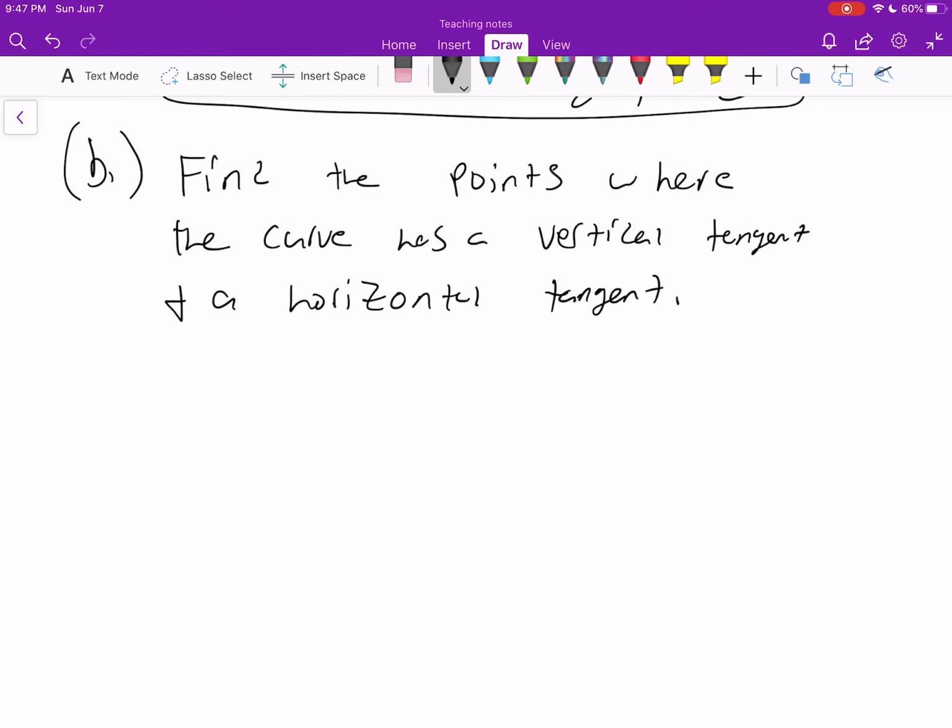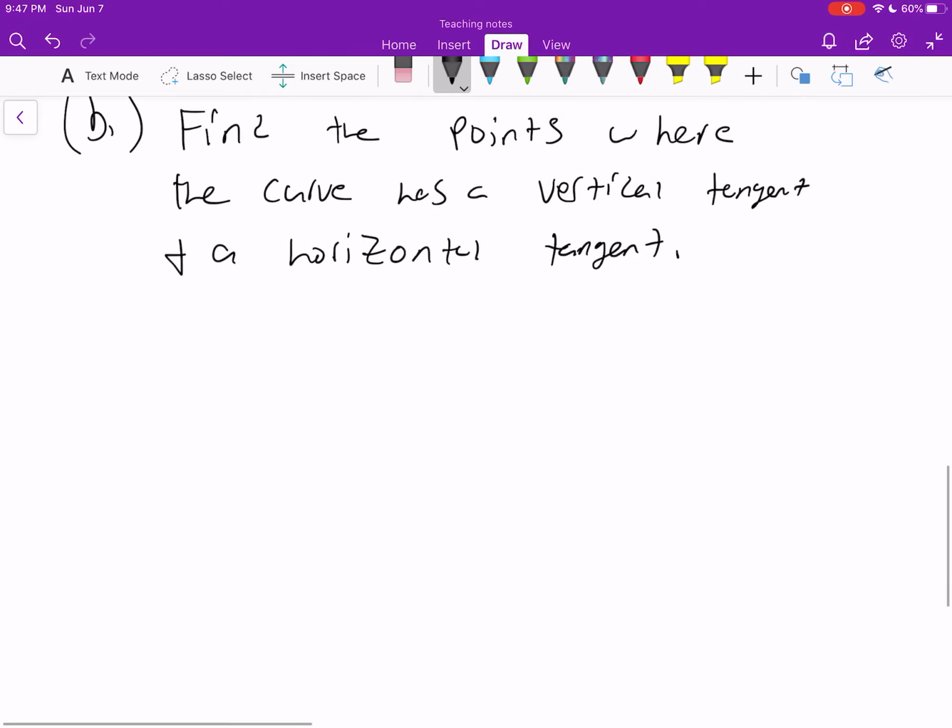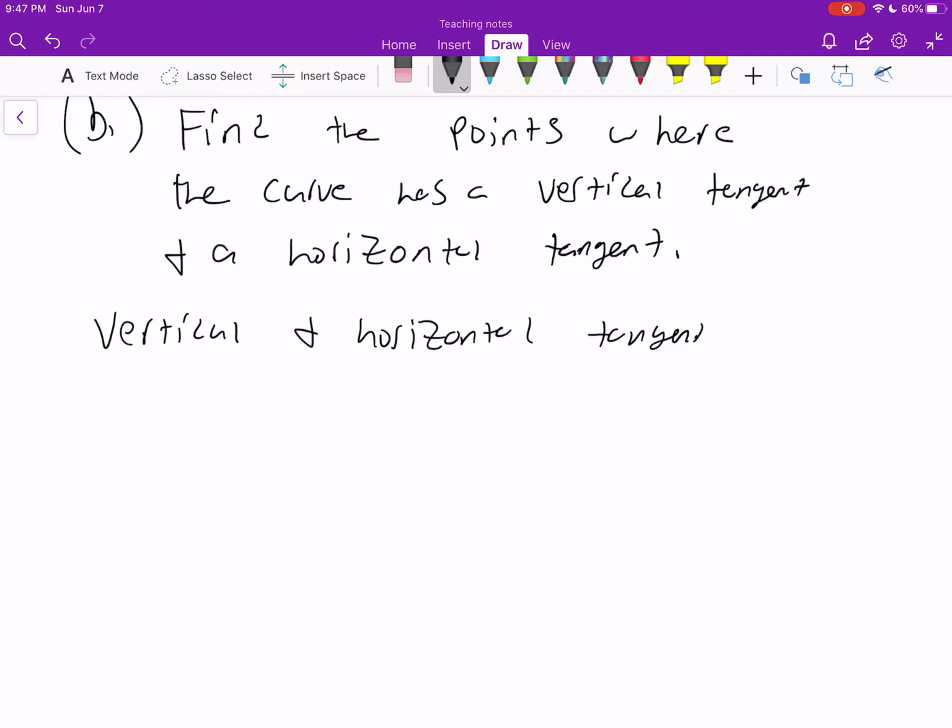Okay, so what you have to remember is these vertical and horizontal tangents sometimes occur when dy/dθ is equal to 0 and dx/dθ is equal to 0.